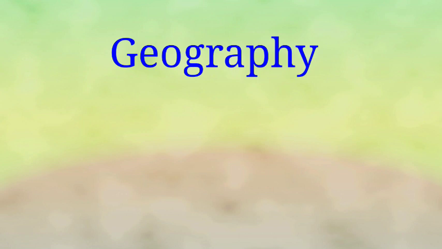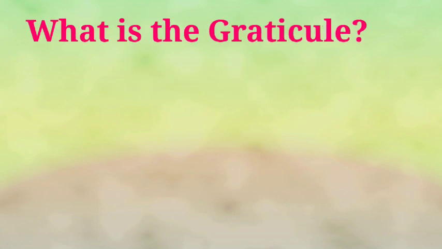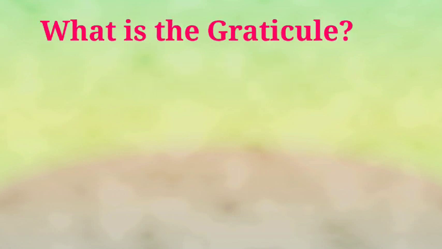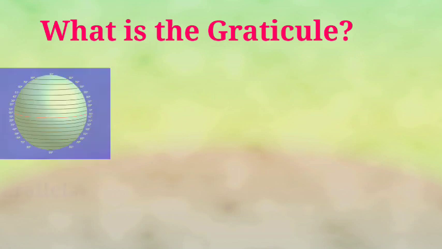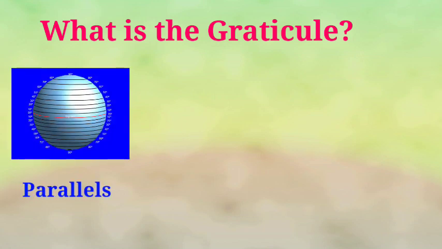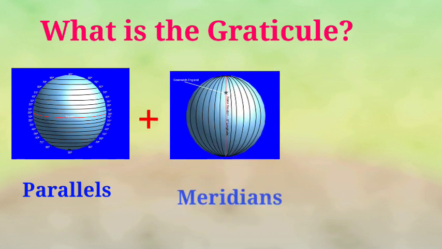Students, in the last lesson, we learned what the graticule is. So, what is the graticule? The parallels are horizontal circular lines on the globe, and the meridians are vertical semicircular lines on the globe.